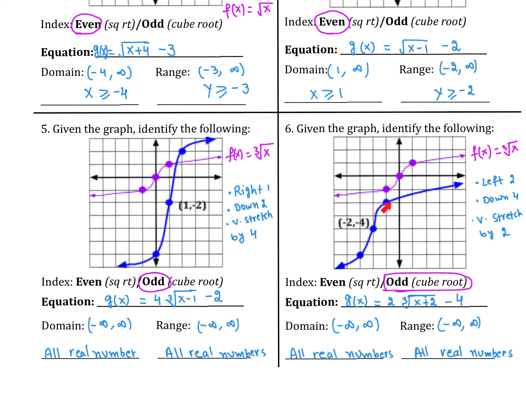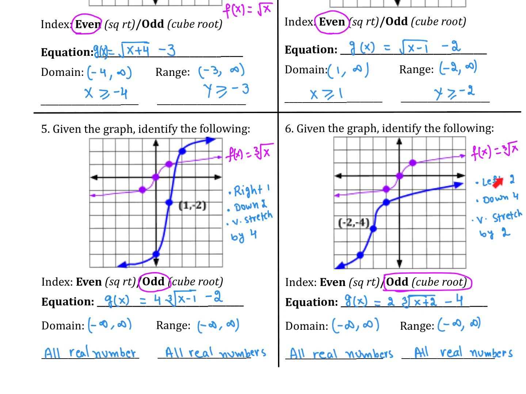Whenever the y coordinate is multiplied by something, it means that it's a vertical stretch. Since it is 1 over 2, the y coordinate is multiplied by 2. So it's a vertical stretch by 2. Moved left 2 means +2 inside, and down 4 means -4 outside.